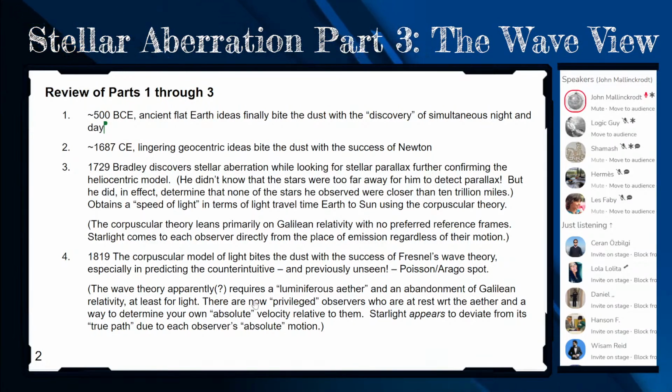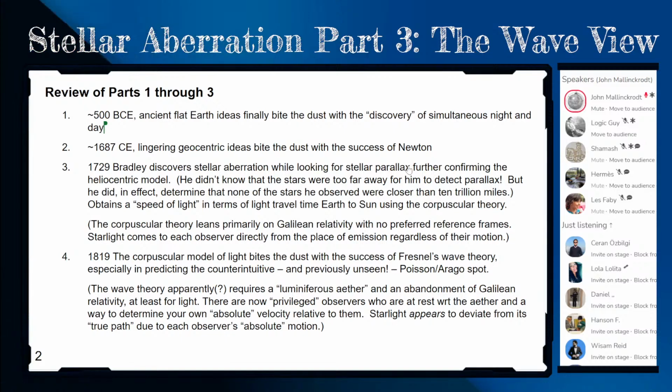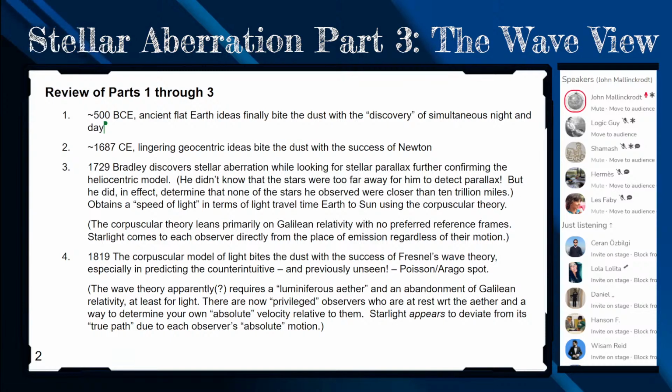But he did discover aberration, and we've talked a lot about that in terms of the apparent direction to a star, in terms of your motion with respect to the light from that star, or what that does in a couple of ways. So we talked about the corpuscular theory, which leans primarily on Galilean relativity. No preferred reference frames.